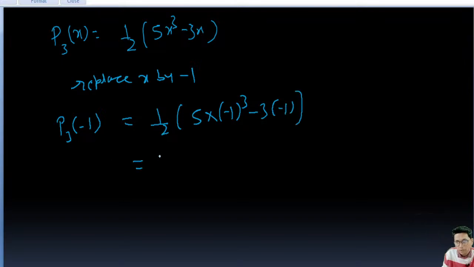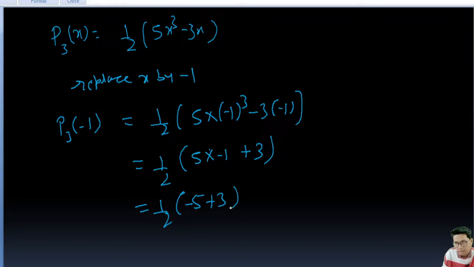Minus 1 to the power 3 is going to be minus 1, and this is going to be plus 3. So this is 1 by 2 into (minus 5 plus 3), which is 1 by 2 into minus 2, and the value is minus 1. So the value of P3(minus 1) is minus 1.